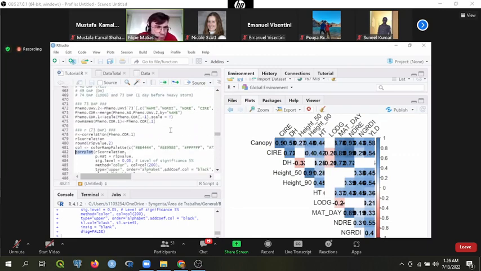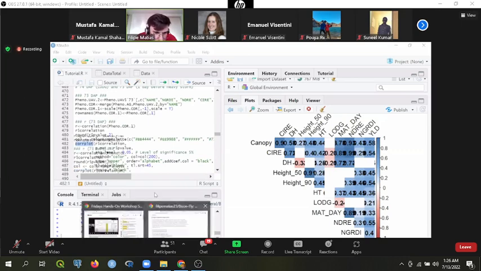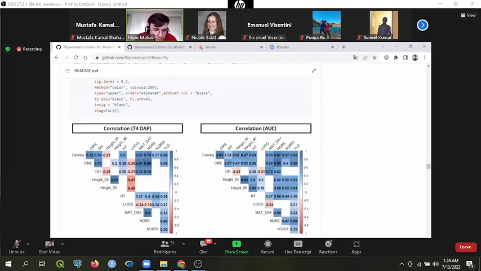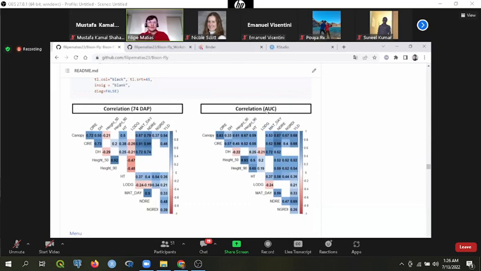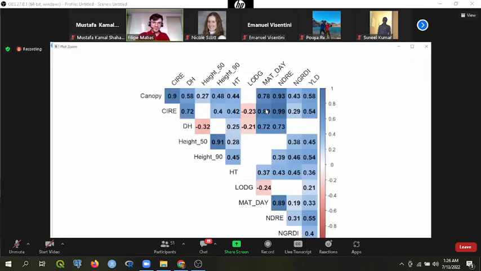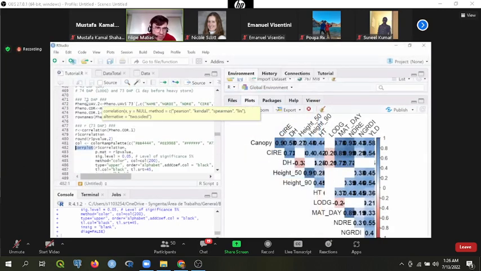So let's check. I guess I have it better in the tutorial. Let's see. Okay, let's check the results here. This is the correlation graphic at 73 days after planting.